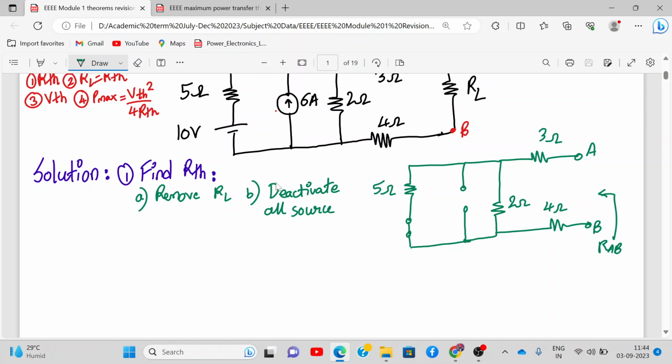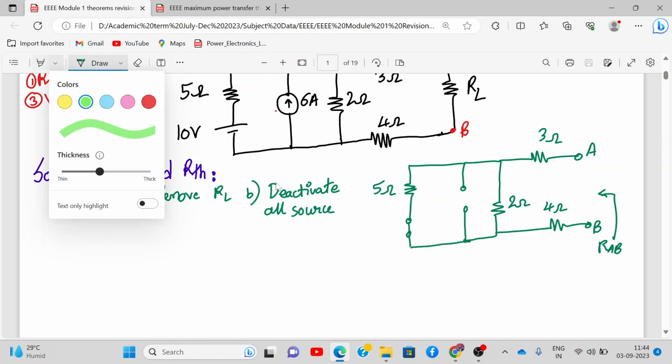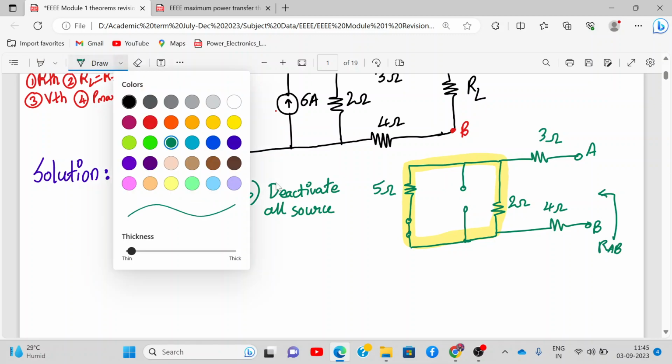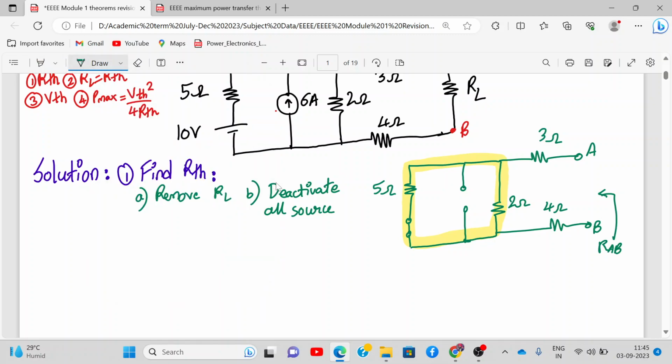In this circuit, is anything parallel? Is my 5 ohm and 2 ohm in parallel? Yes. So 5 ohm parallel to 2 ohm. I hope you know how to do it. 5 into 2 divided by 5 plus 2. That is coming out to be 1.428.